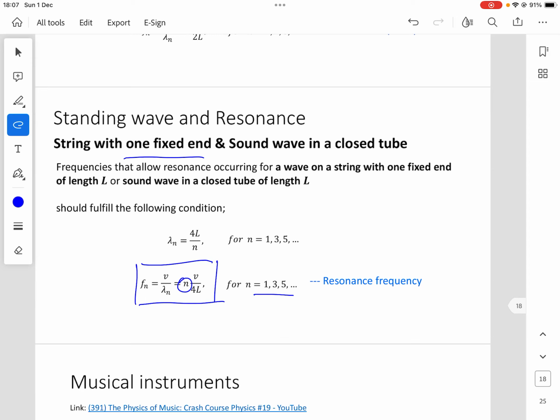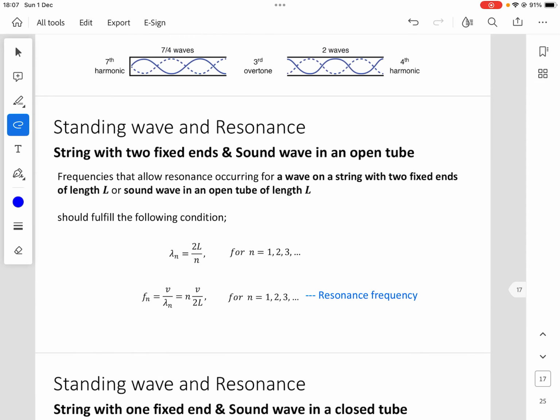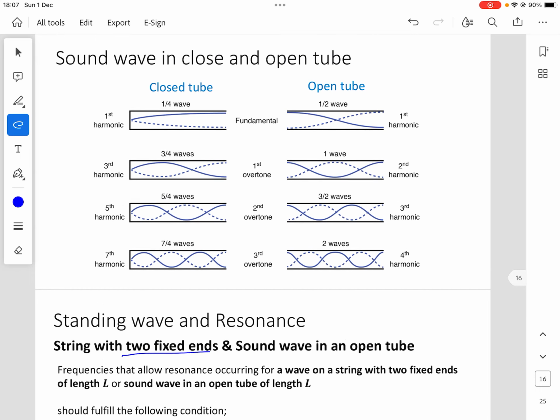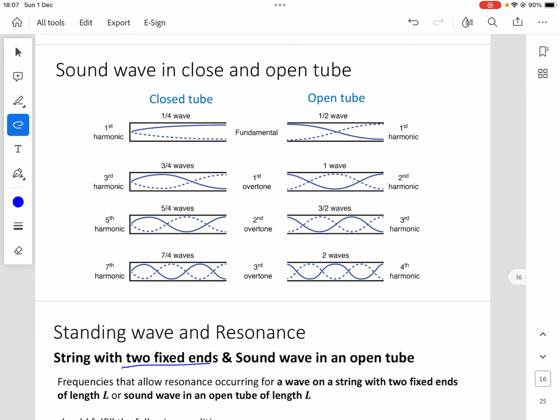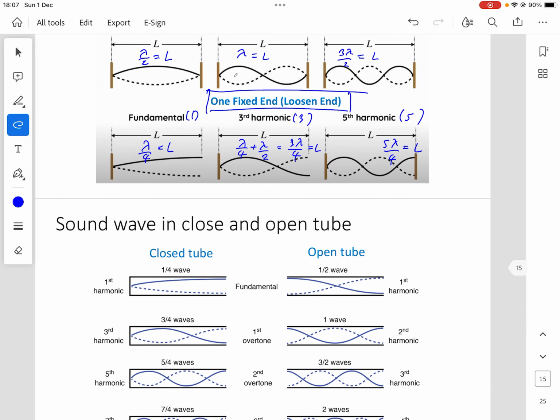What else I should talk about is that this is for two fixed ends, and you get this form. Although I didn't talk about the sound wave before, I would like to wrap up the idea of the resonance of the sound wave in a tube, also in this chapter, because it gets very similar to what we found on the string.